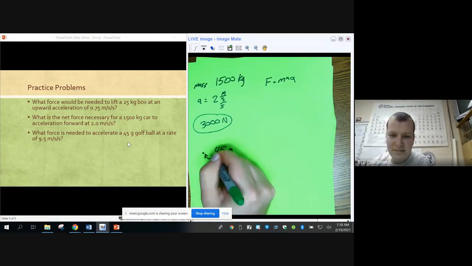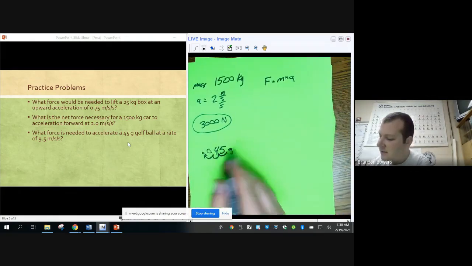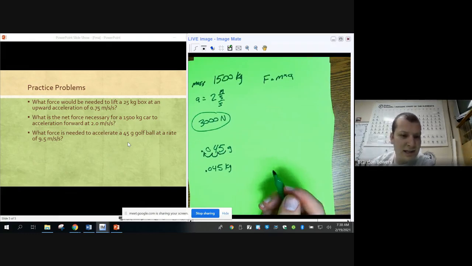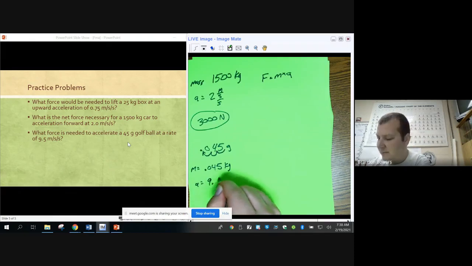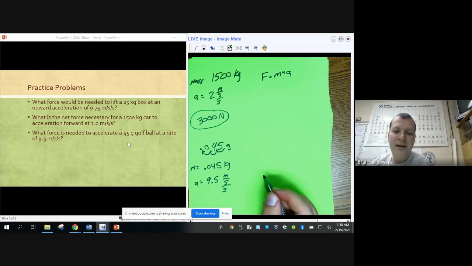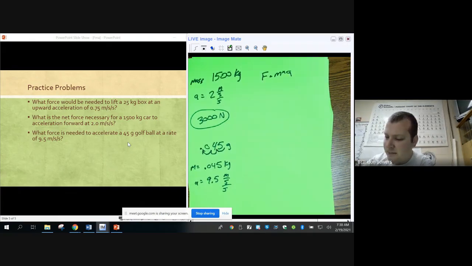That's my mass. Acceleration is 9.5 meters per second per second. Now all you have to do is multiply, and I got 0.4275 newtons.